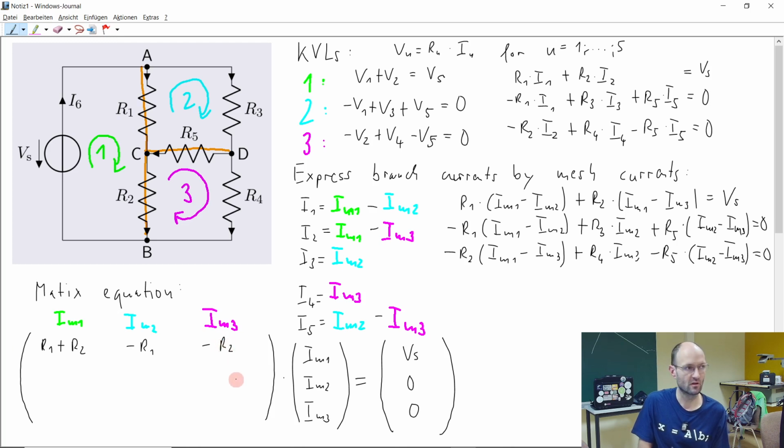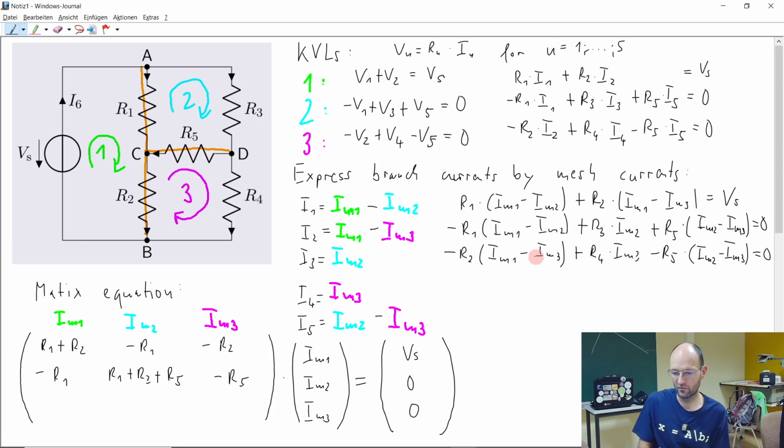Next equation: for the IM1, we have also minus R1. For IM2 we have minus and minus is plus R1, plus R3, and plus R5, so R1 plus R3 plus R5. And for IM3 we have minus R5.